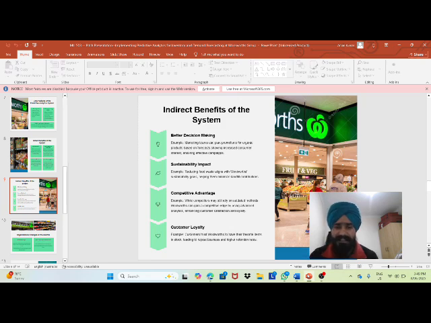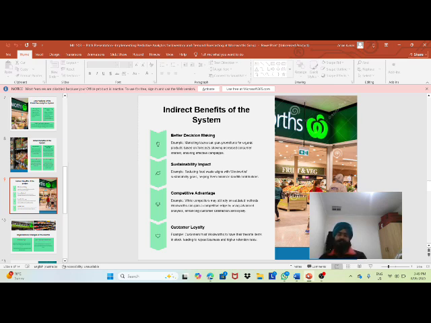Competitive advantage. For example, while competitors may still rely on outdated methods, if Woolworths uses updated, advanced analytics, it will definitely help them get more profit, as well as a competitive advantage by giving more satisfaction to their customers, and it will enhance loyalty towards Woolworths.